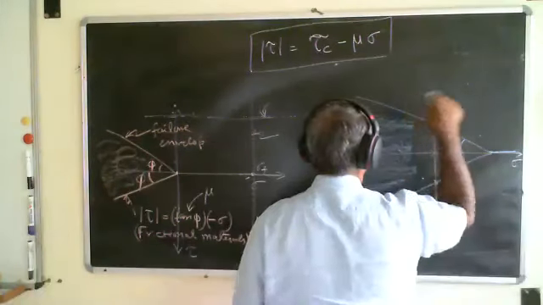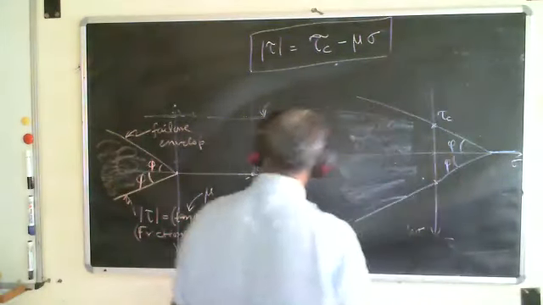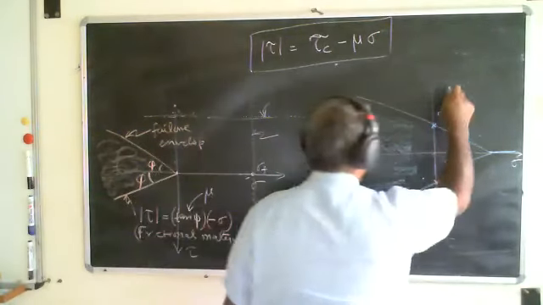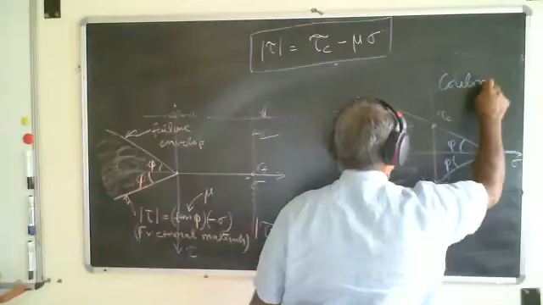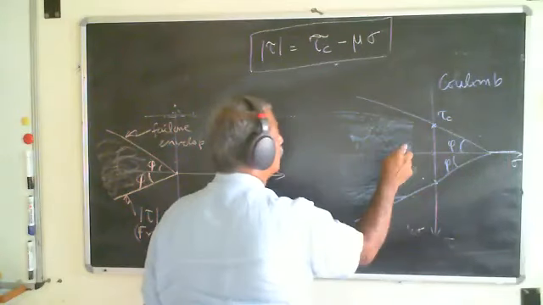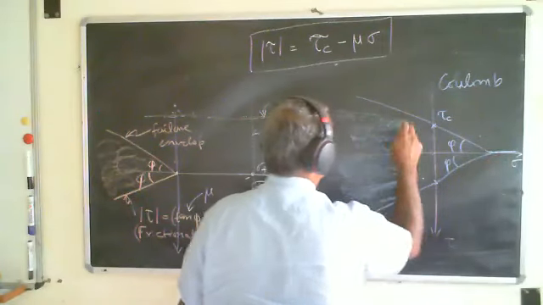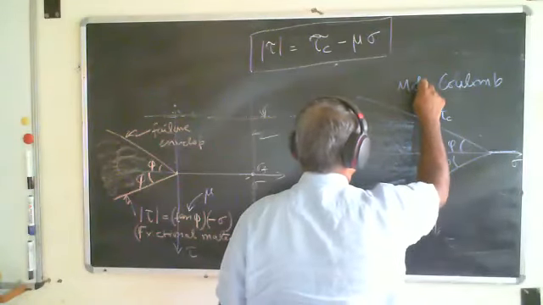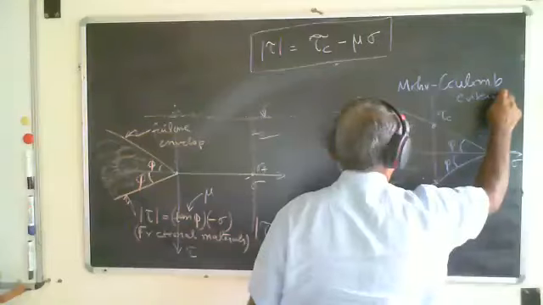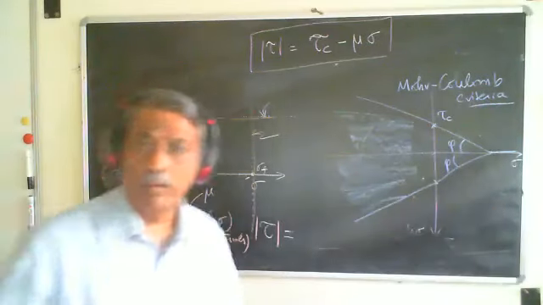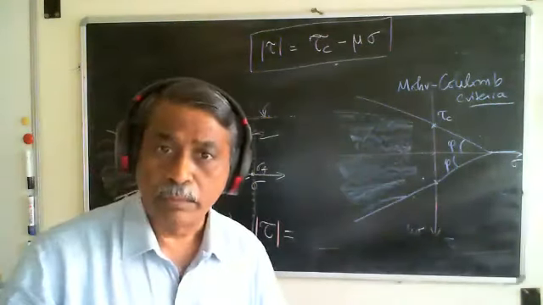Since we are using frictional material, it is Coulomb, and the idea that it can be a curve like this came from Moore. So this is called Moore-Coulomb criteria, named after the two people.